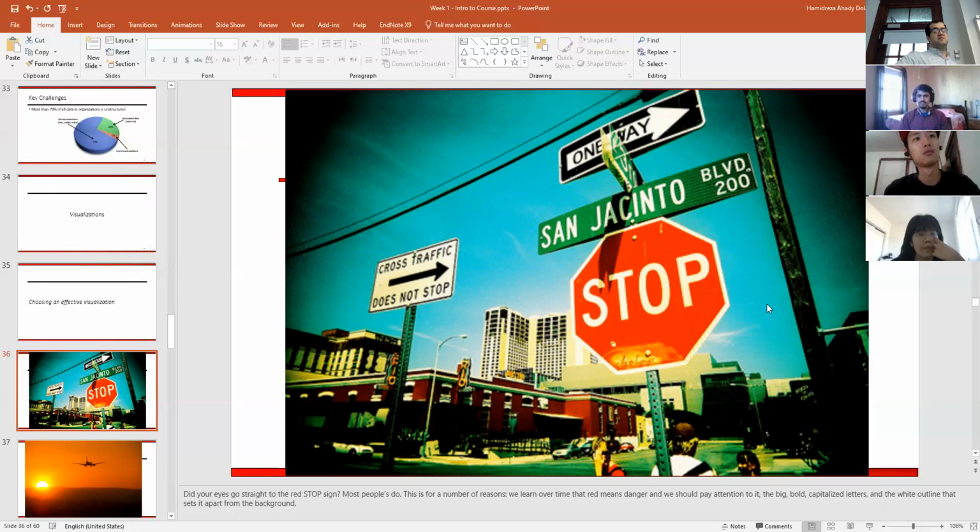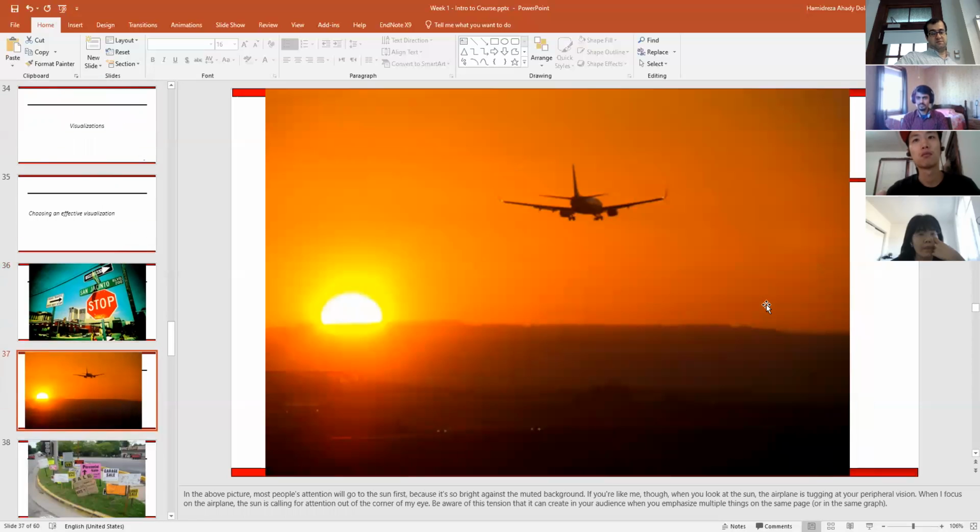So they use some techniques to grab your attention. They use the red color because they know it grabs more attention. They could make it blue, but probably it's not as eye-catching. Red and a shape like this is more eye-catching for you.